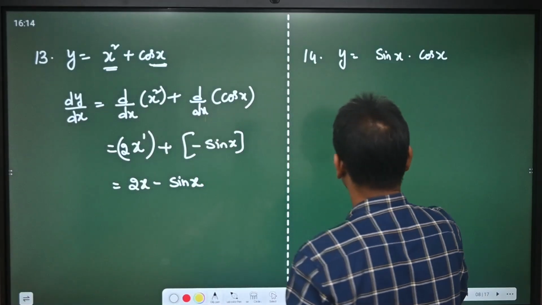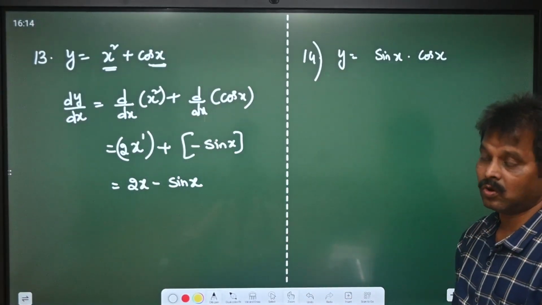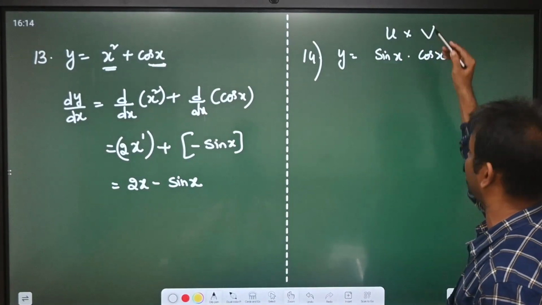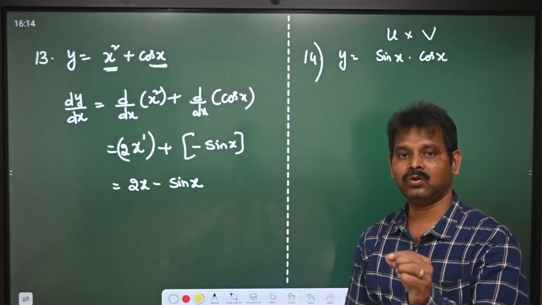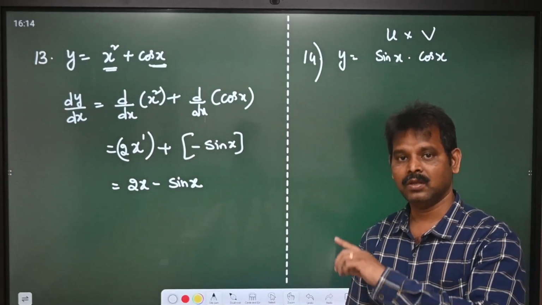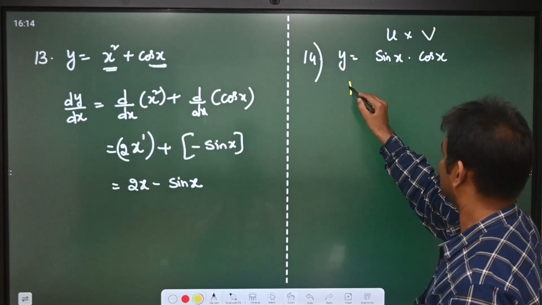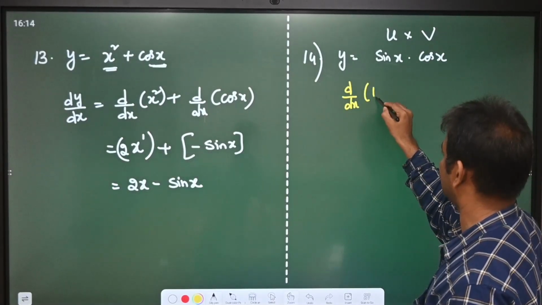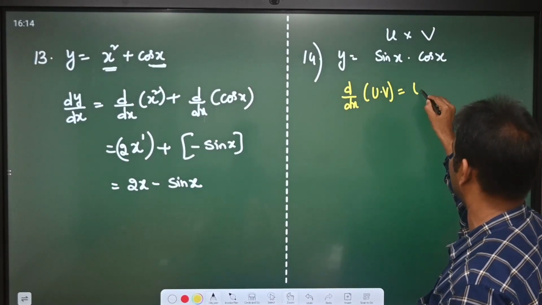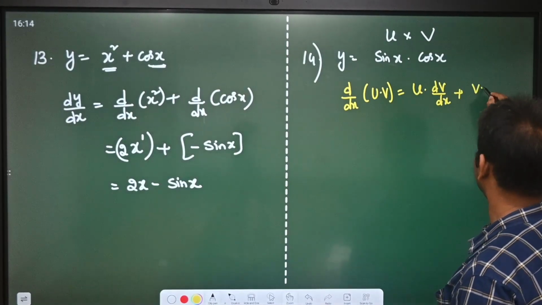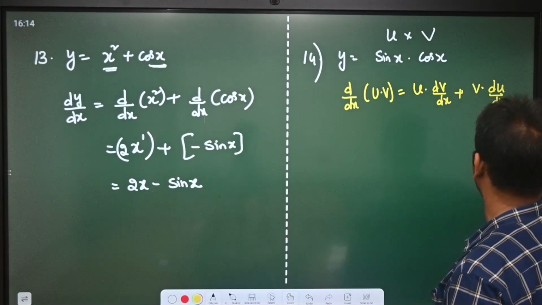Now, the 14th problem, y is equal to sin x into cos x. So this is in the form of the u into v formula. The formula: d by dx of u into v is equal to u into dv by dx plus v into du by dx.